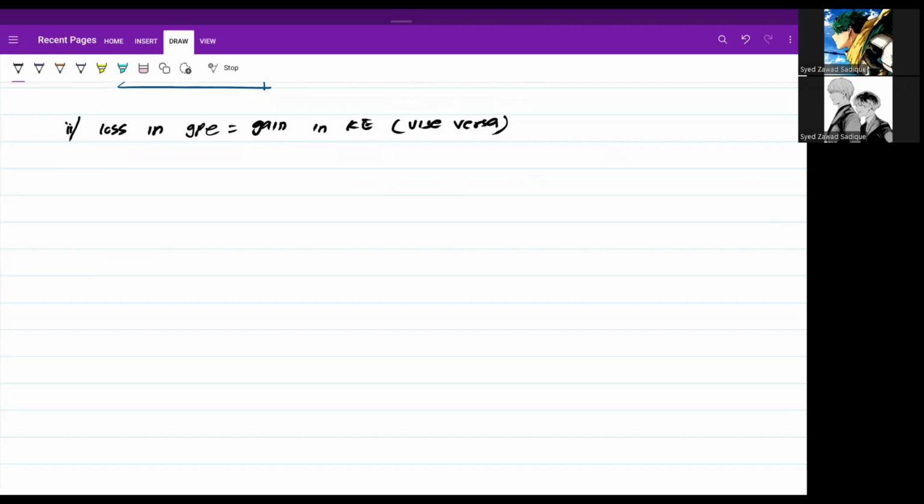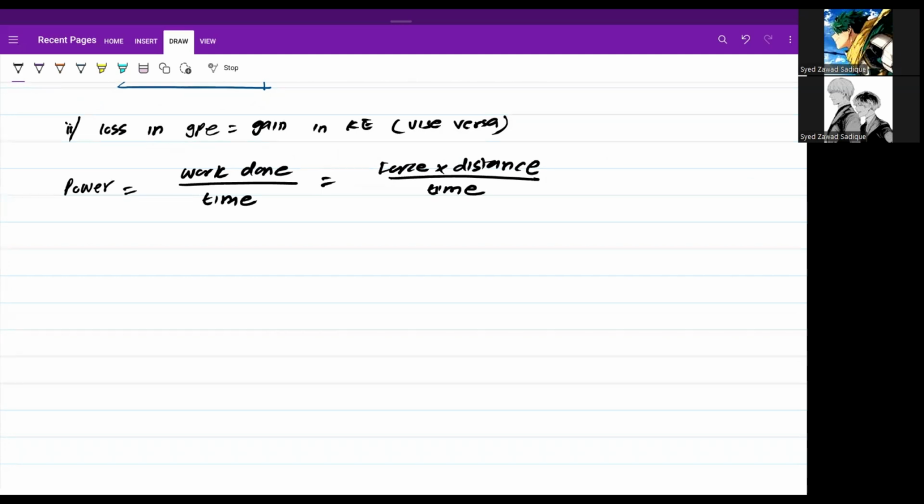Then we have power. Power is a very small part of this chapter. Just to know, power is equal to work done divided by time, which is equal to force times distance divided by time.